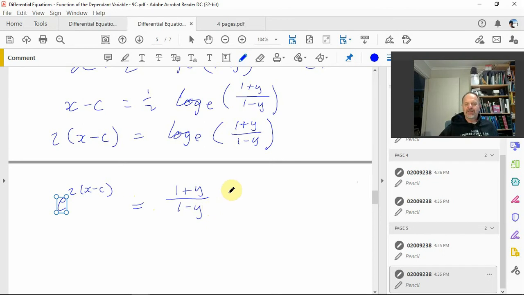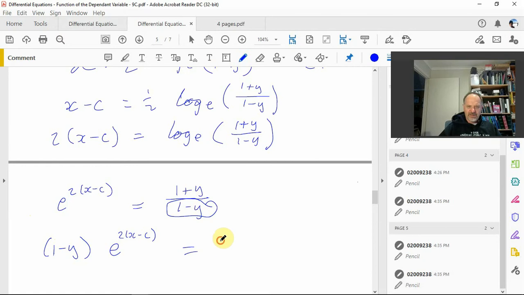So a technique that we can use to do that is, first of all, let's get rid of this denominator, this fraction. And so we can do that by multiplying both sides by 1 minus y. So if we do that, we do 1 minus y times e to the power of 2x minus c.